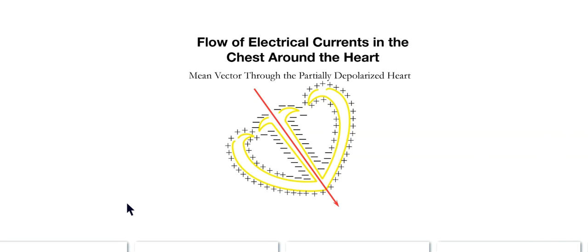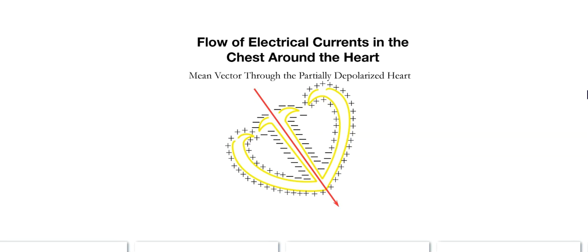That's typically what you would find for the mean vector for the current flowing through the heart, as it comes from really close to the entrance of the vena cava in the right atrium, passing through the atrial muscle to the AV node, and then down through the ventricles. The left side is going to be polarized a little bit faster than the right-hand side, but it spreads so quickly that effectively you get depolarization of both very rapidly, so that you get a combined timing of the contraction. Okay?